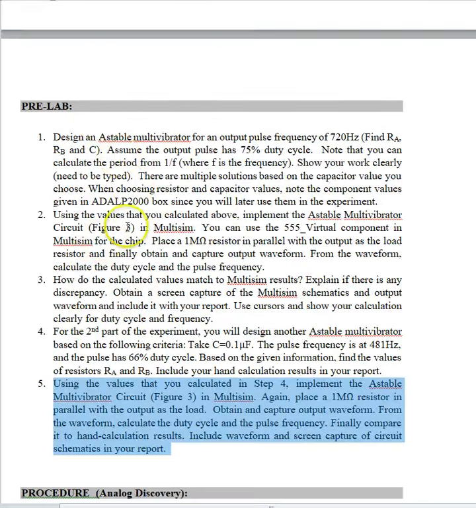Now, as far as the experiment goes, there are Prelab sections. The first design is with the given frequency of 720 Hz and a 75% duty cycle.